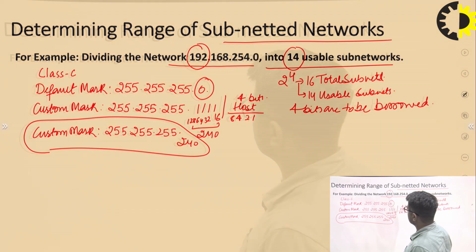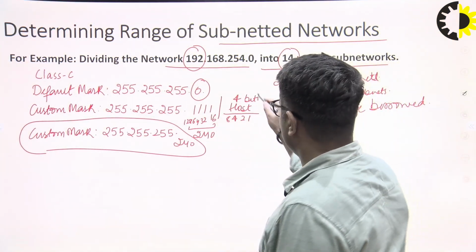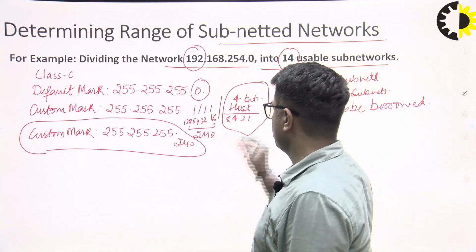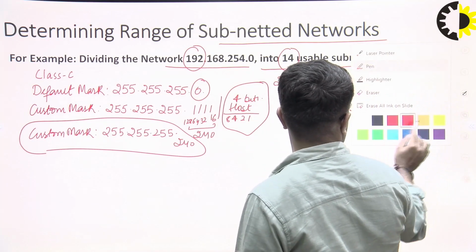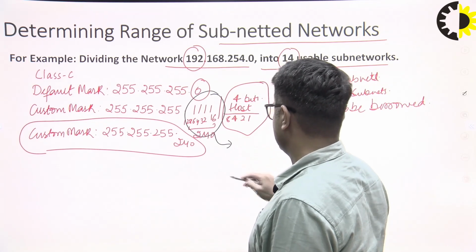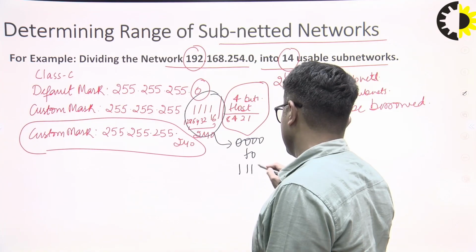And once the custom mask is created, we simply have to change the values of these 4 bits. These 4 bits can vary from 0000 to 1111.